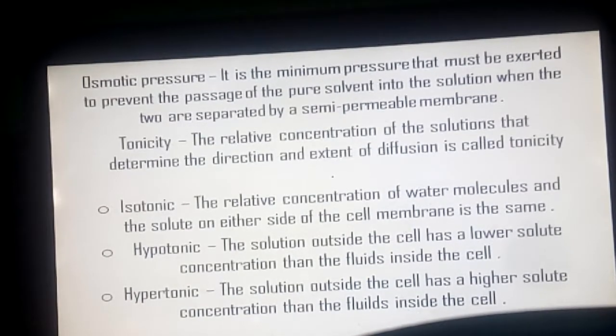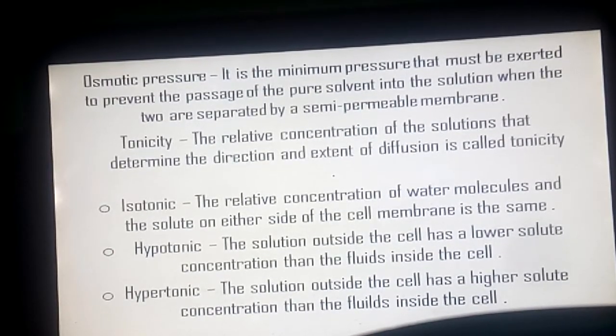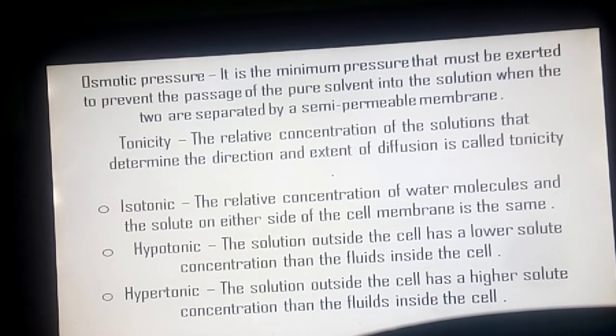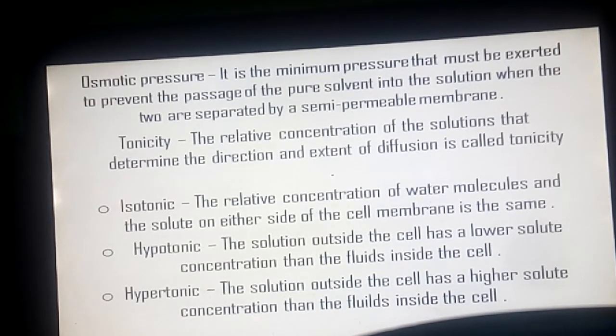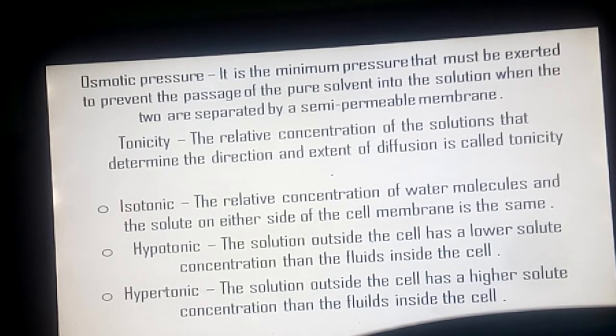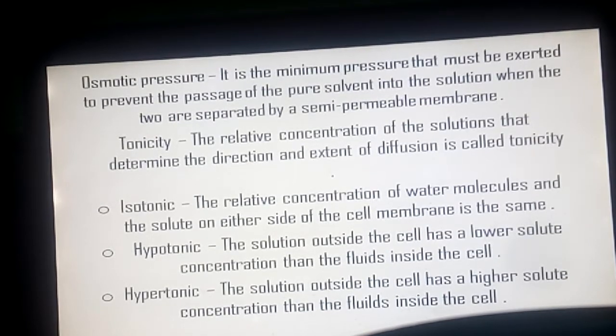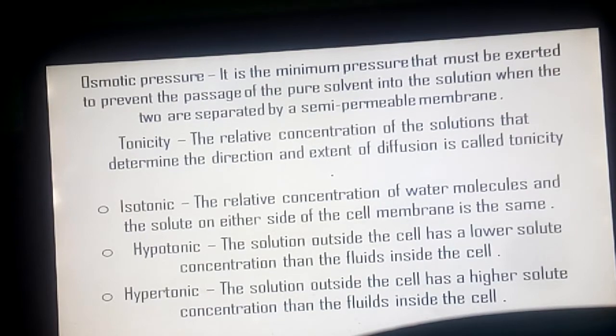Second hypotonic: in this condition the solution outside the cell has a lower solute concentration than the fluids inside the cell, so the water molecules from the outside will move into the cell, so endosmosis. And the third one hypertonic: in this condition the solution outside the cell has a higher solute concentration than the fluids inside the cell, so consequently the water molecules from the interior of the cell will move out, so exosmosis.